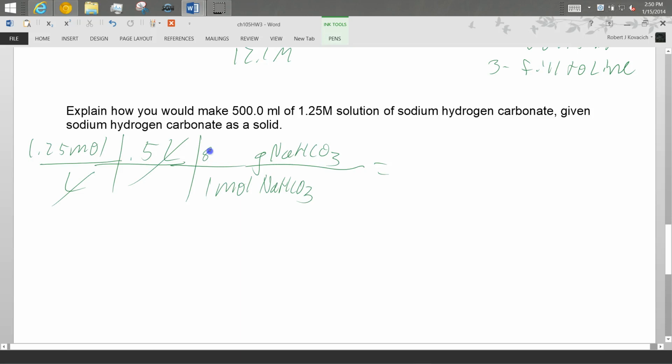So I've got 84.0066. And then if I do the math for that, it looks like this is upside down. 1.25 times 0.5 times 84.0066. 84. And that's it.